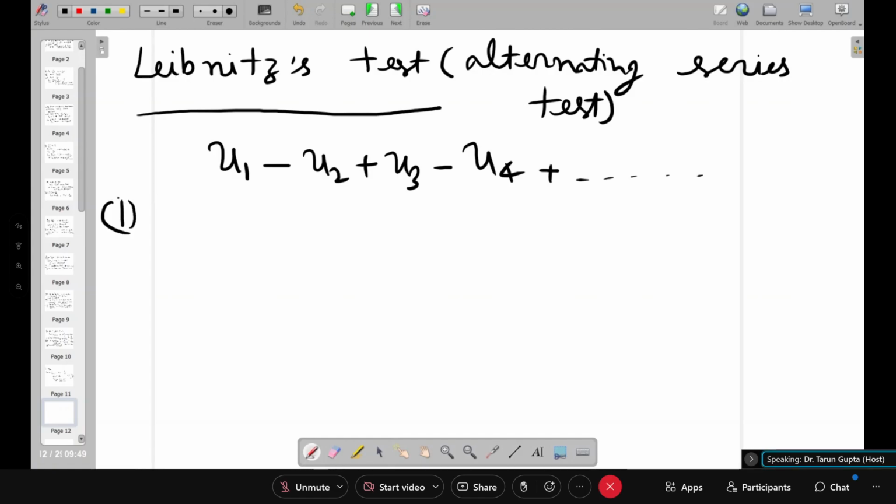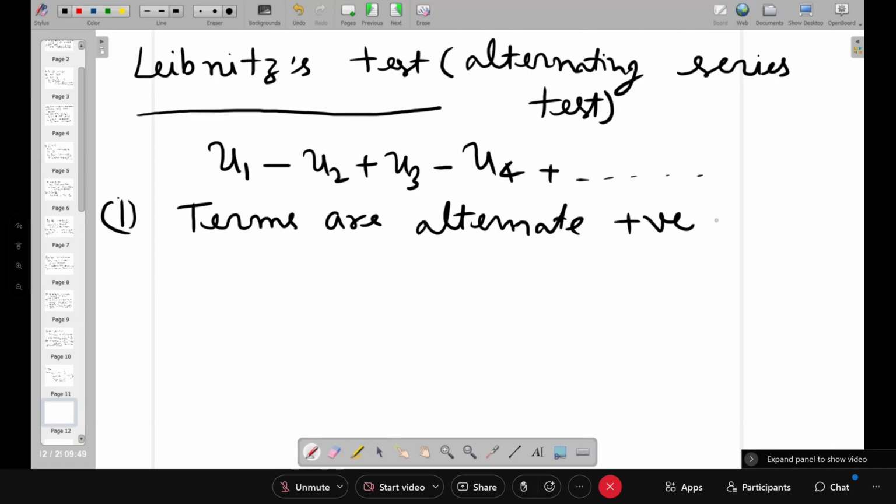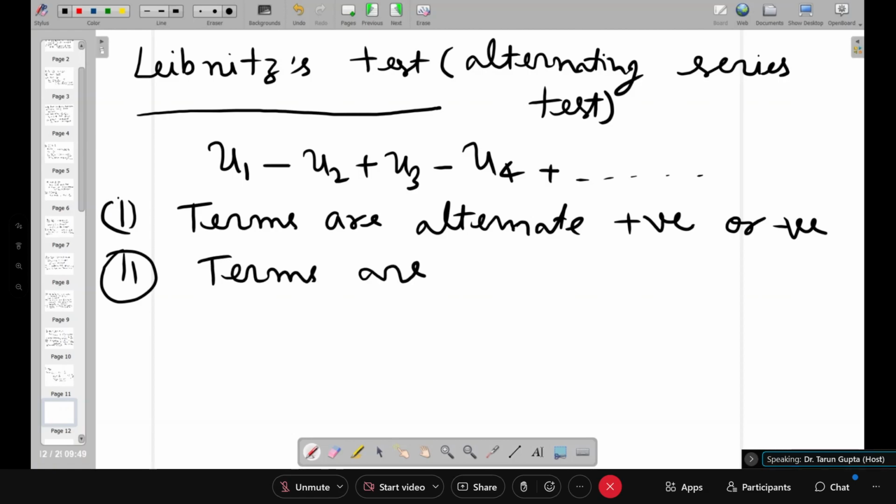First criterion is terms are alternate, positive or negative. Second thing is terms are numerically decreasing.